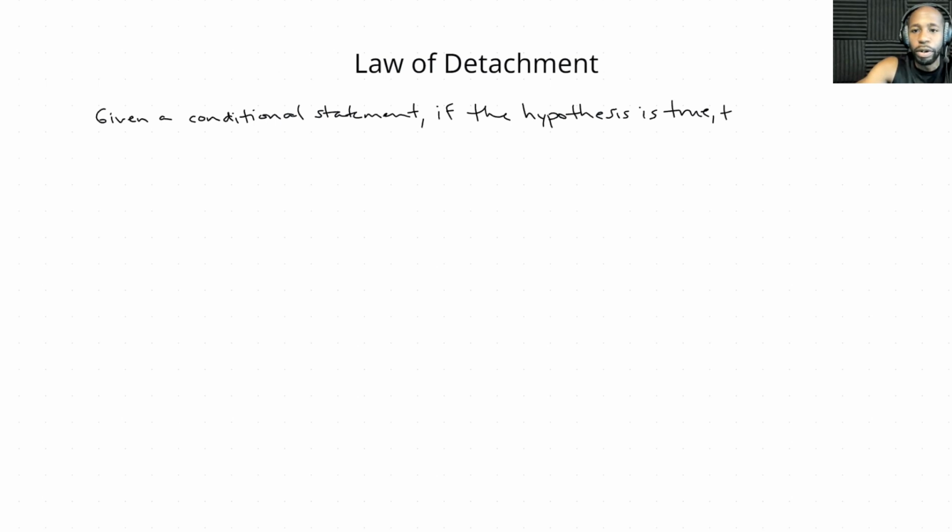I'll say therefore. I don't really like my grammar, but that word is important. So the law of detachment states that if you're given a conditional statement, the hypothesis is true. Well, I'll say then, and we'll bring in the word therefore when we need to. Then the conclusion is true.